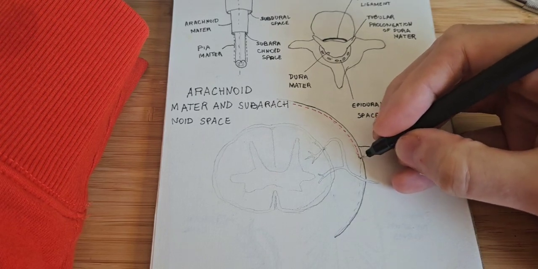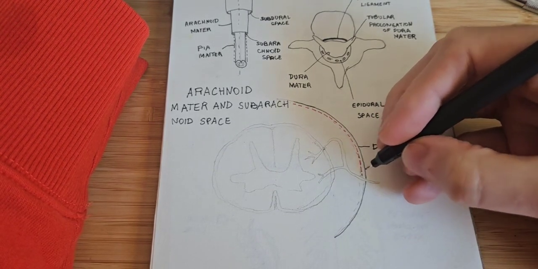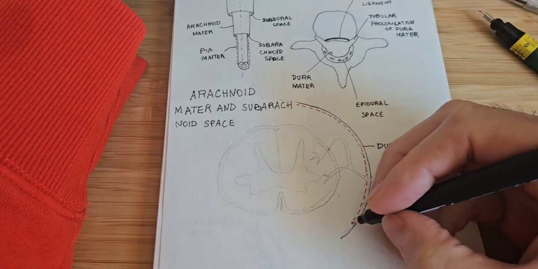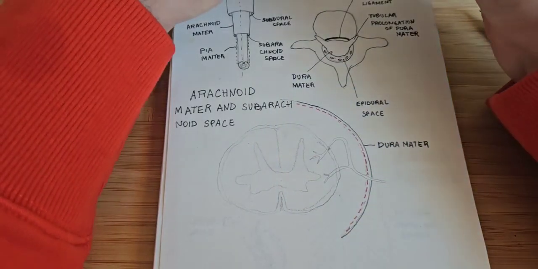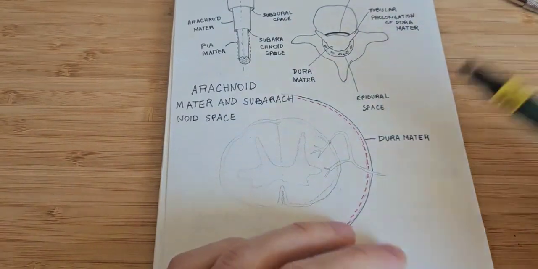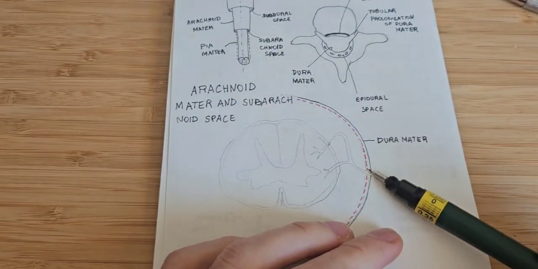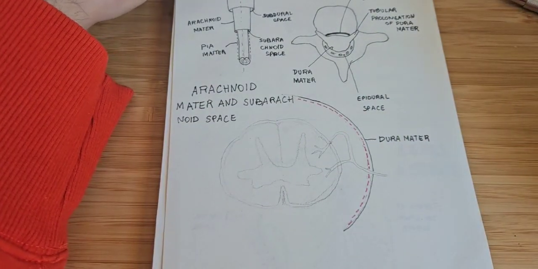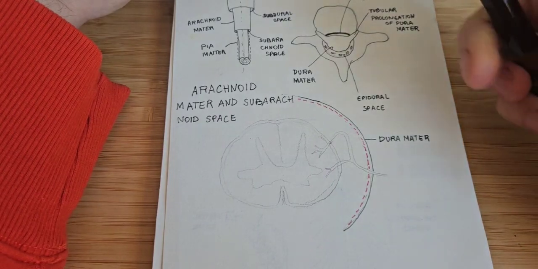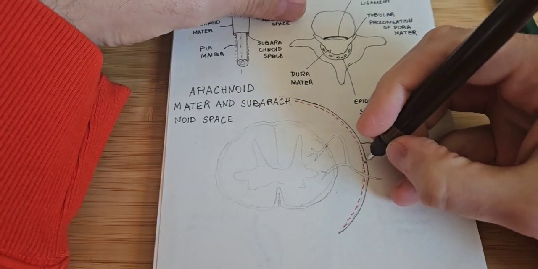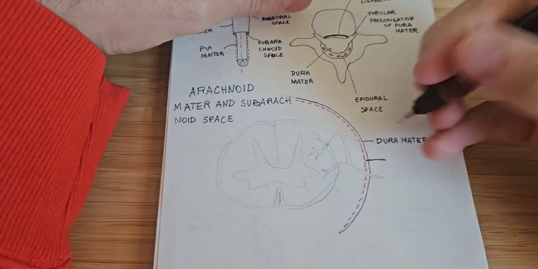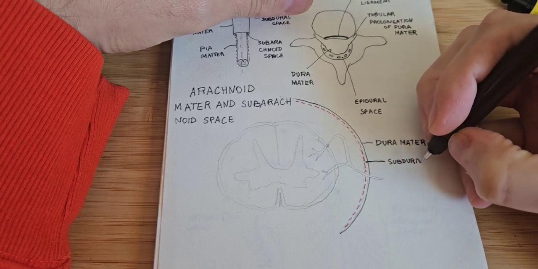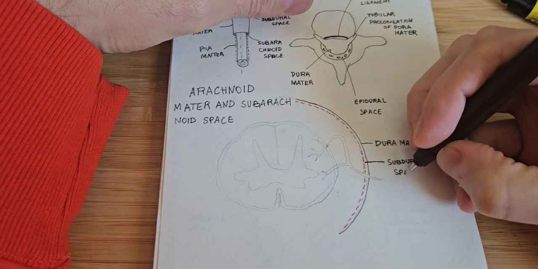Actually, I'm going to talk about the space between these dotted lines and the dura mater, the space between the red line and the black line. This is the subdural space.